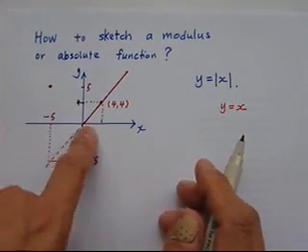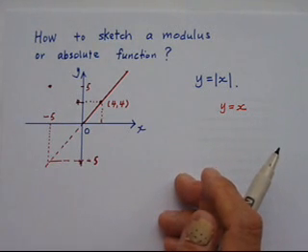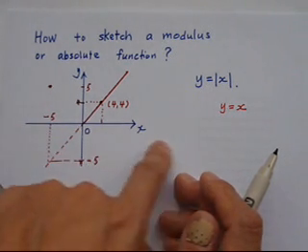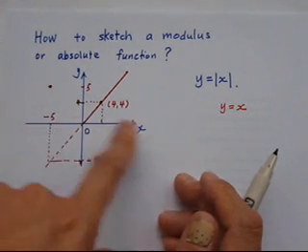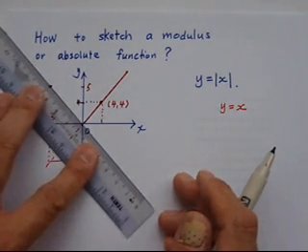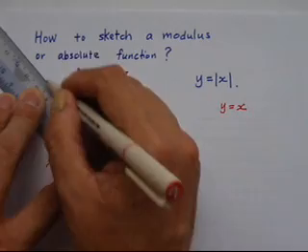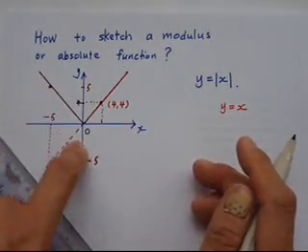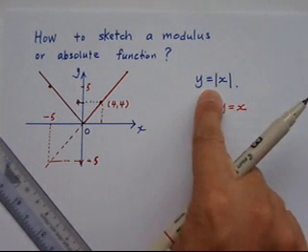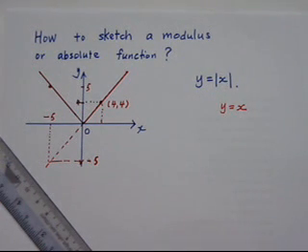Hence, all the points that are below the x-axis will be reflected about the line y equals 0, or the x-axis. Hence, we get a very typical V-shaped graph for y equals modulus of x.